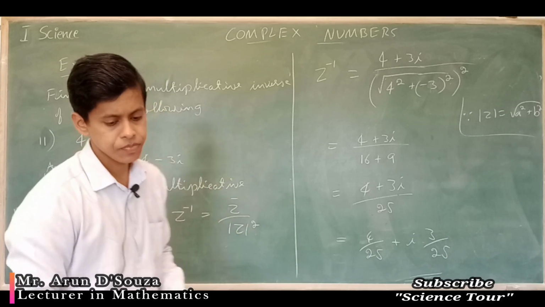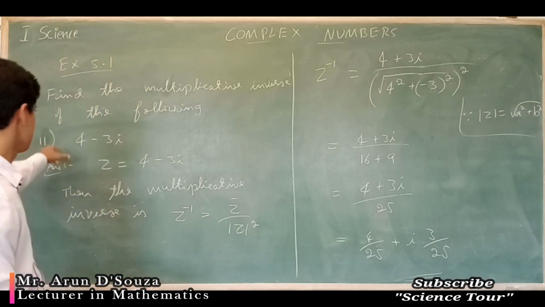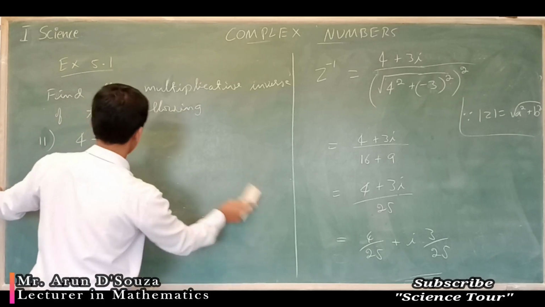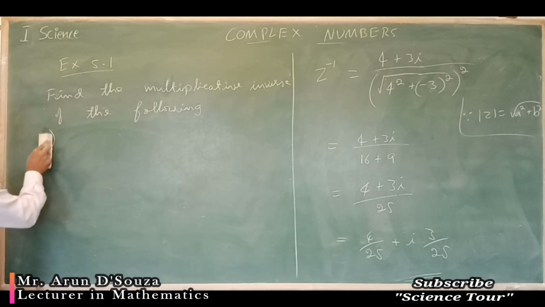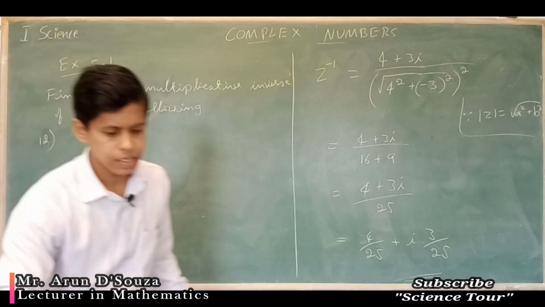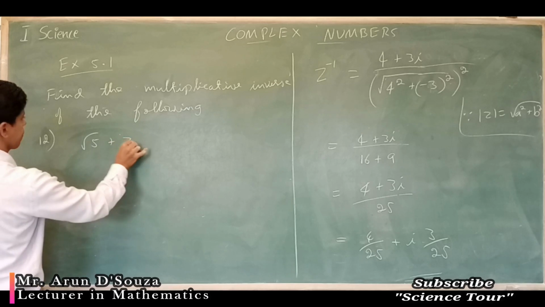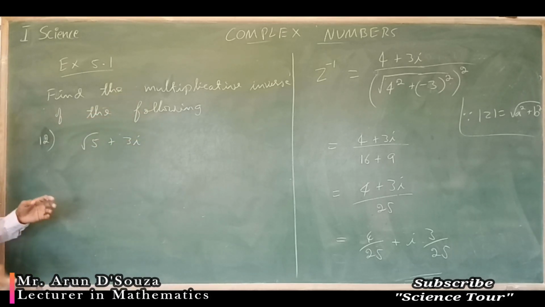So that is question number 11. Now the next question is question number 12, and that is root 5 plus 3i. The general question is the same, find the multiplicative inverse.